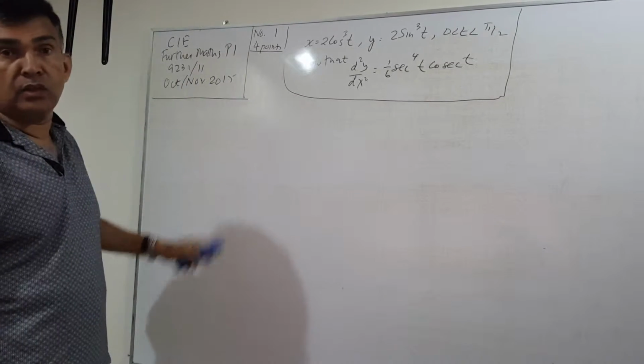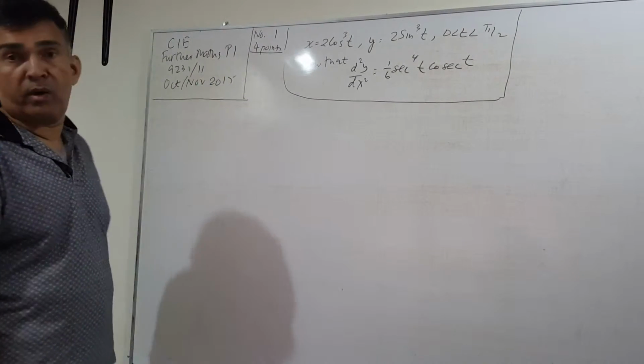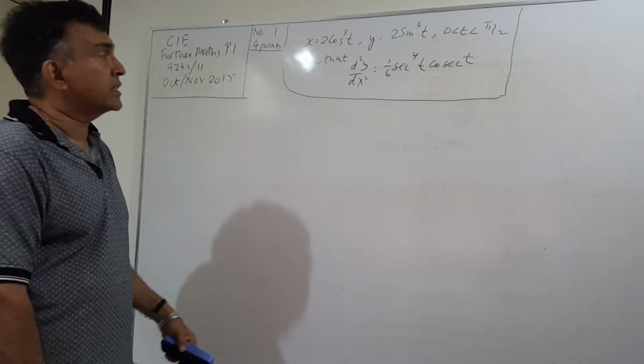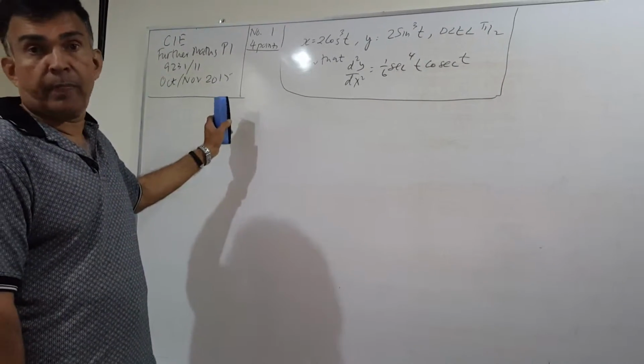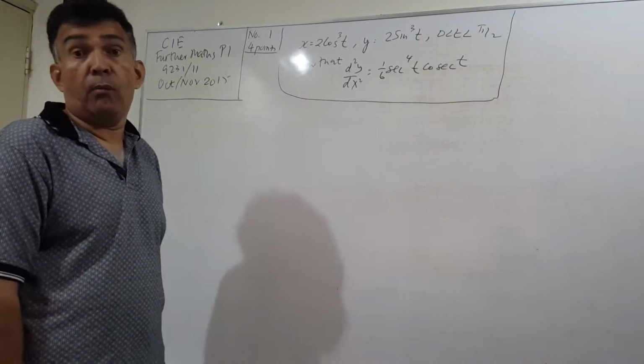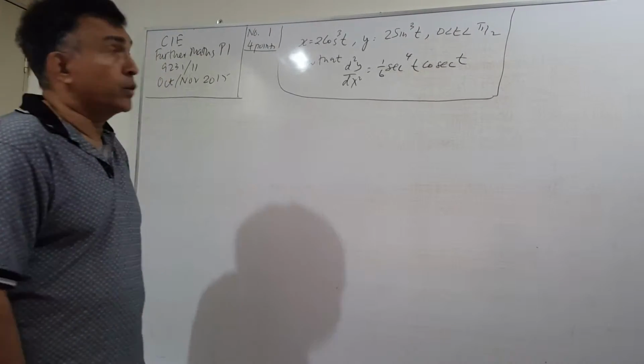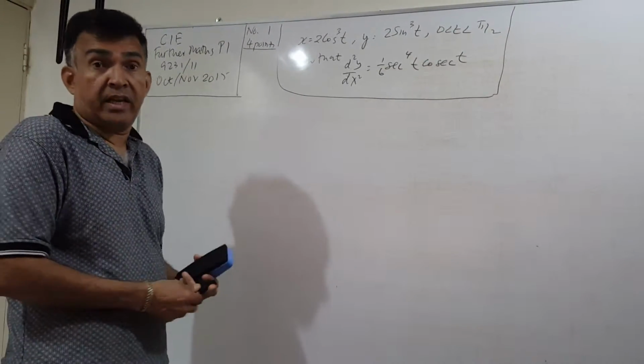Subject code is 9231/11. This question is number 1 on the exam paper and it's worth 4 points. Do it well and you get a great start in the exams.